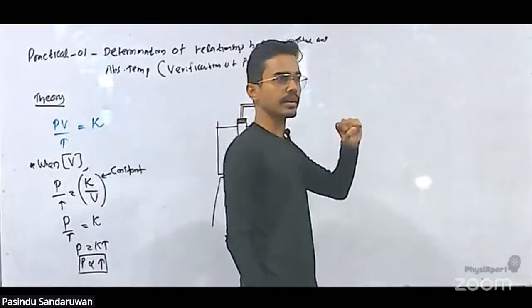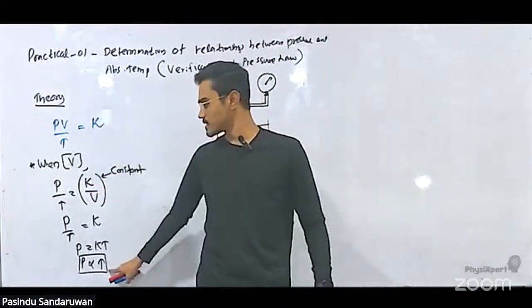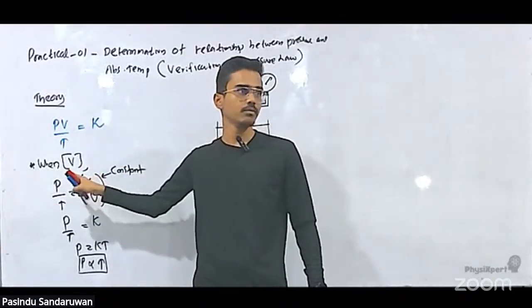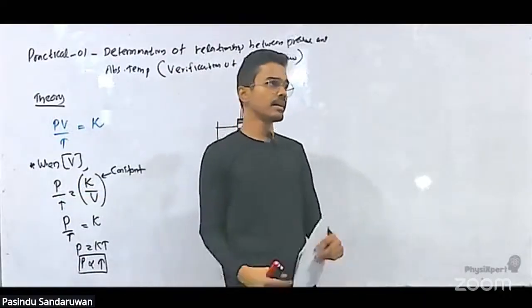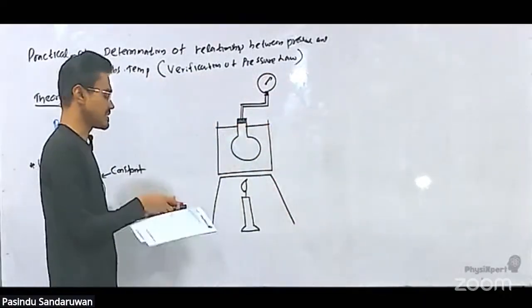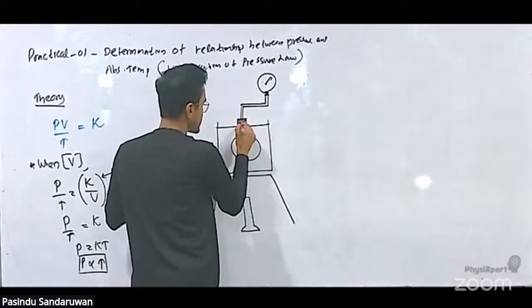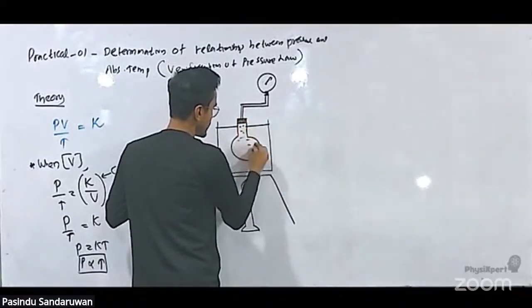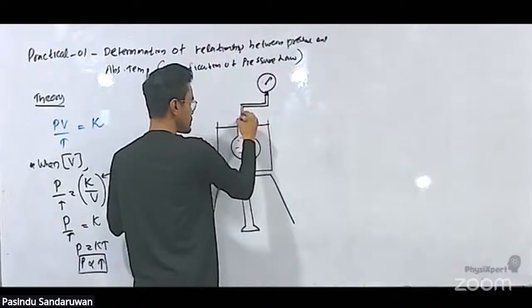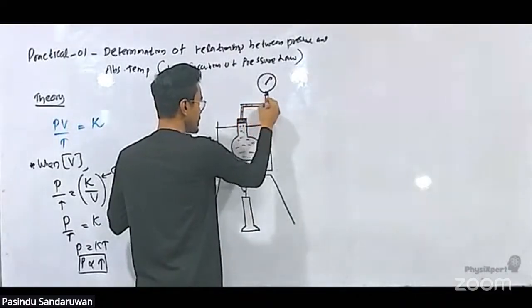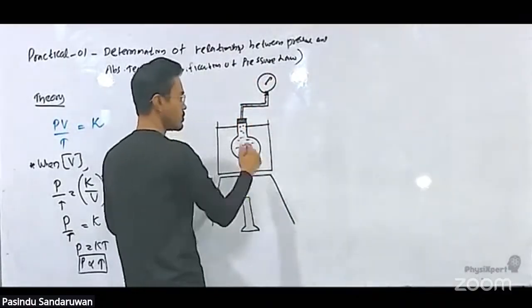Because in order to prove this, we have to have a constant volume, and the volume cannot be changed. The gas is inside this. The gas goes through here to the pressure gauge, and that is how the pressure gauge works.